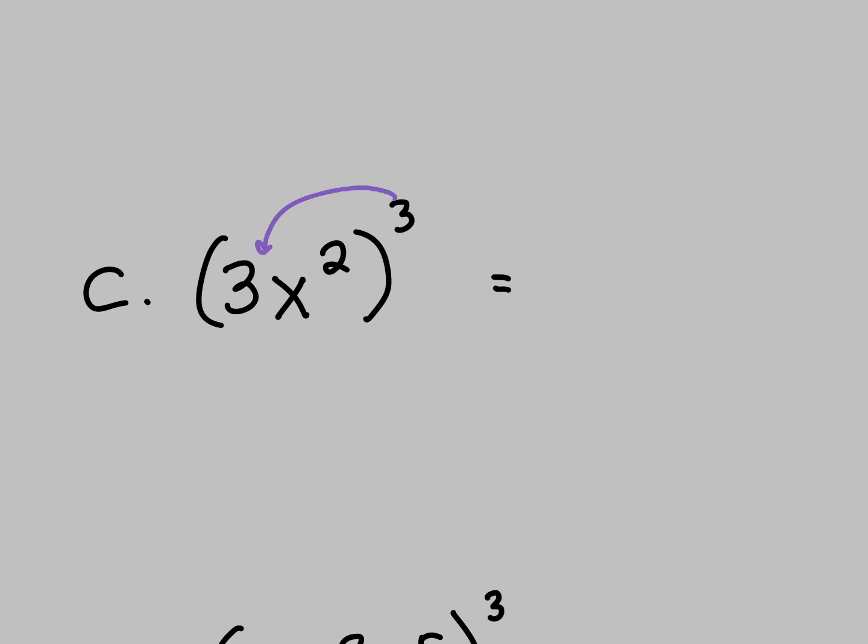What else do I cube? The x squared. So I am distributing. So I distribute the exponent to both things inside the parentheses. If you have more than one thing inside the parentheses, you have to distribute. So this is 3 to the 3rd power and x squared to the 3rd power.